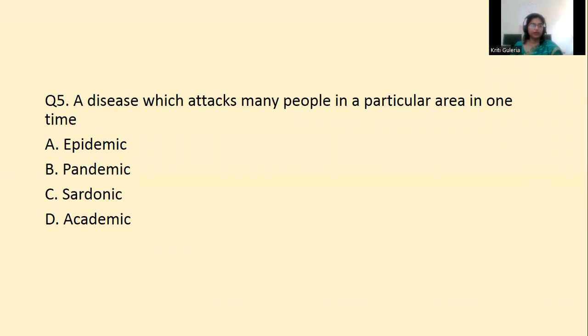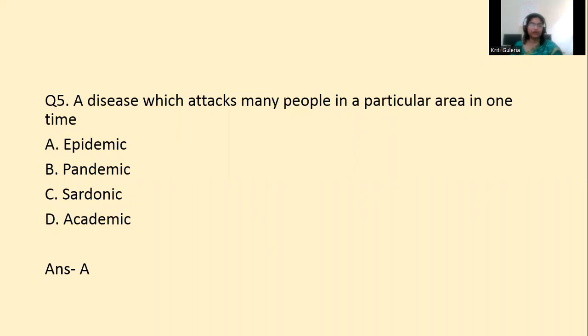Next, a disease which attacks many people in a particular area or at one time. Options are A, epidemic, B, pandemic, C, sardonic, or D, academic. Answer will be epidemic, which is attacking many people in a particular area.